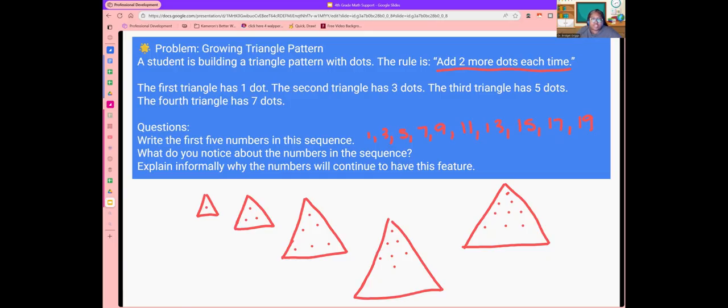Because that pattern is going to have us skipping the even numbers. So we'll have an odd number, skip the even, land on an odd number, skip the even, and that's the reason why we will always land on an odd number, because with adding 2, we'll always be skipping the even number.